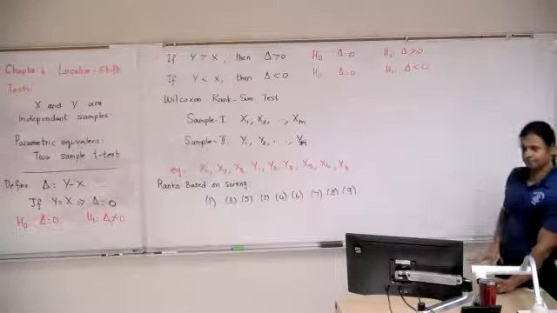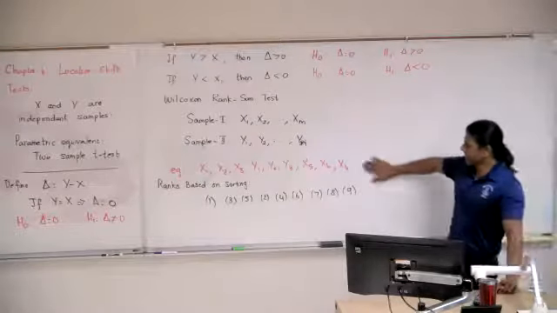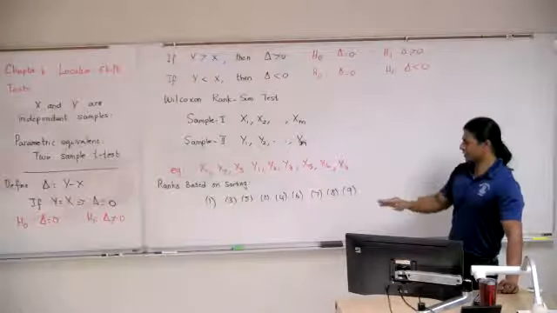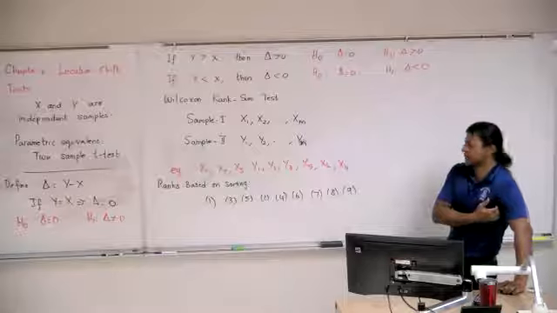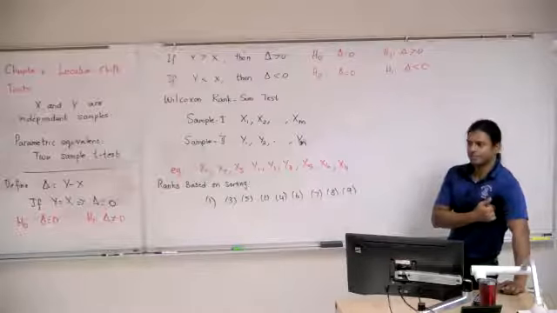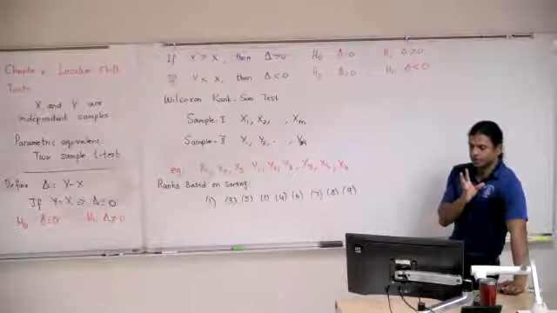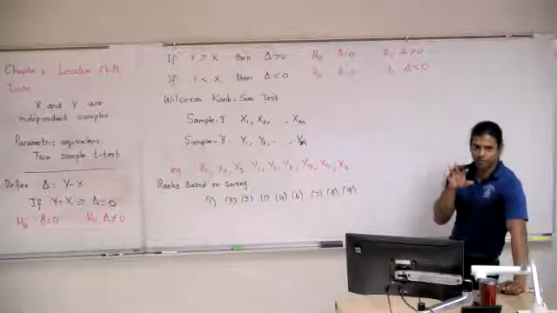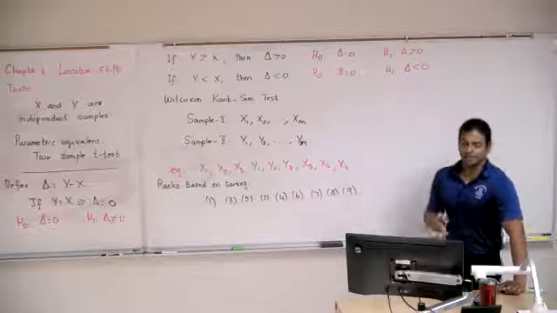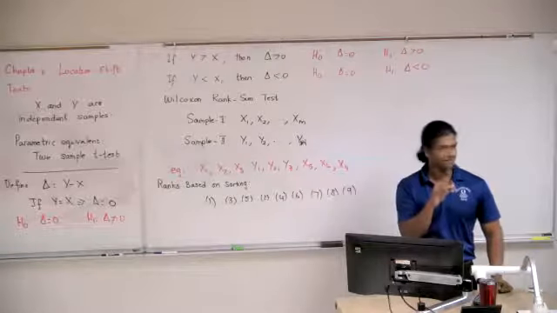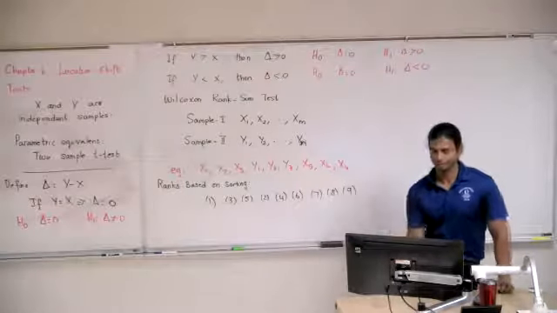Good. So original observations, I'm just going to sort them. Once I sort it, these are the ranks that I get. In total, I have 9 observations. If I combine X and Y, I have 9 ranks. Good so far?